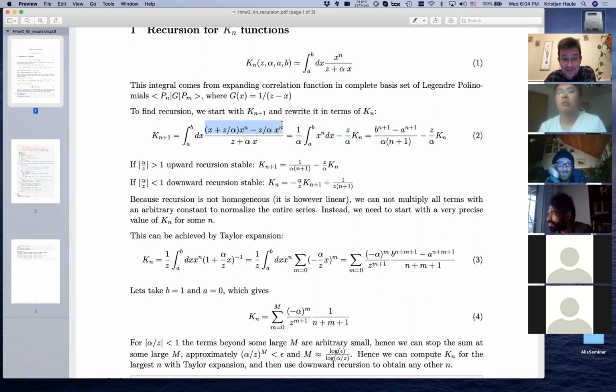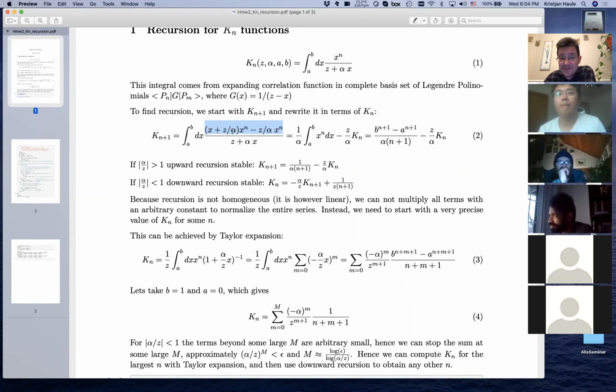So we are writing k_(n+1), which has on the numerator x to the n plus 1, isn't it? What we can do is write x plus z over alpha times x to the n, minus z over alpha times x to the n.